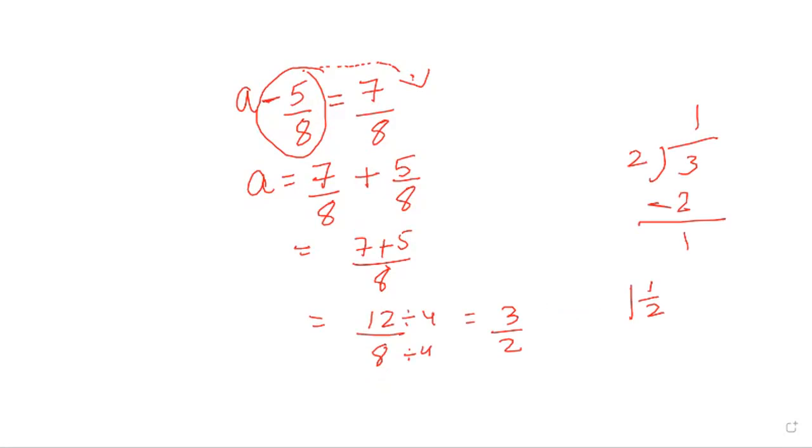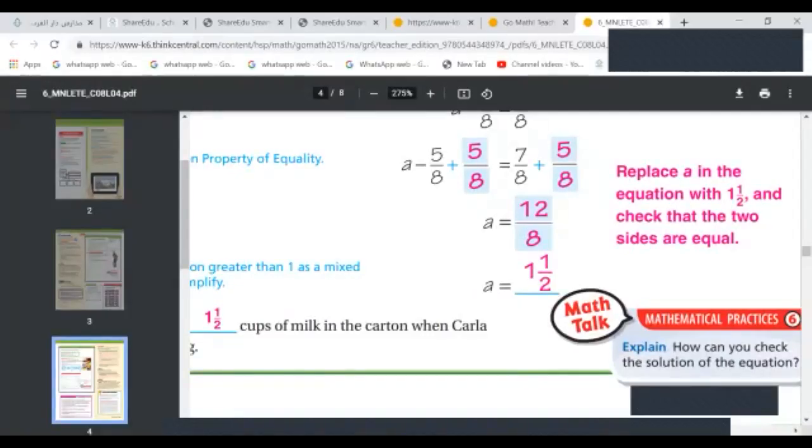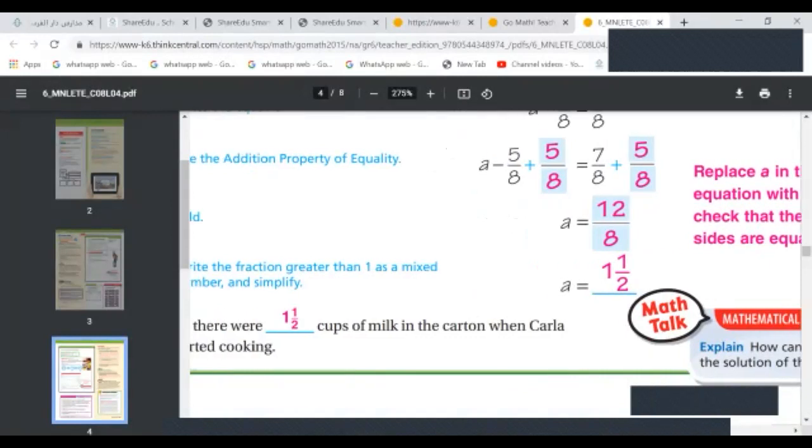Finish copying? Finish? Yes. Don't forget to write the page number if you are doing it in the copybook. In the textbook, you need to fill up this 5/8, 5/8. You get 12/8, and you get 1.5. How do you get 1.5?